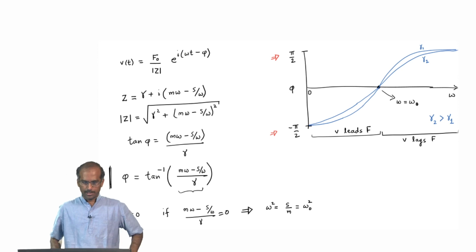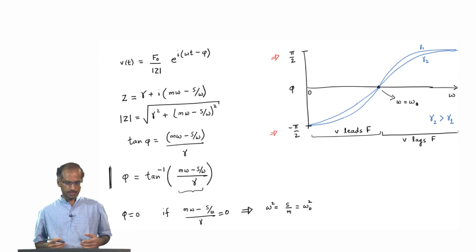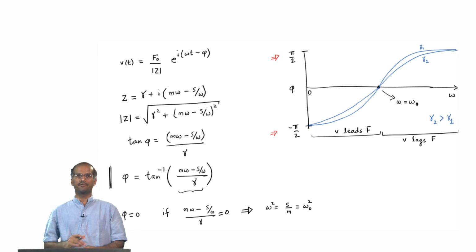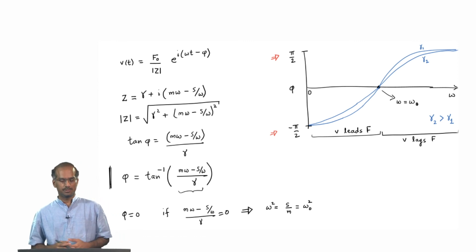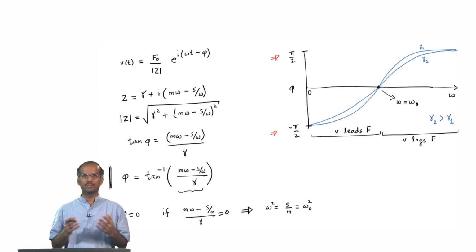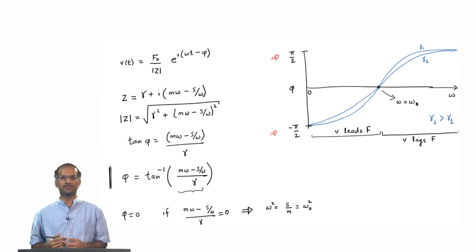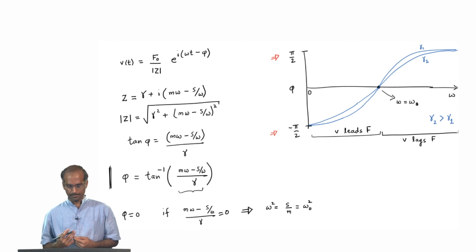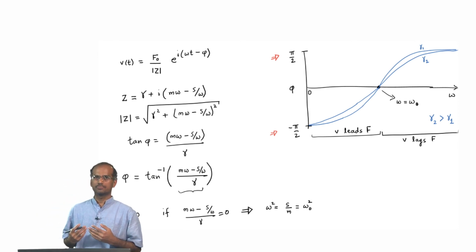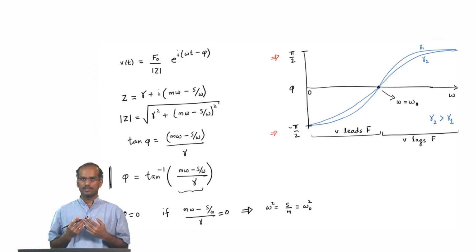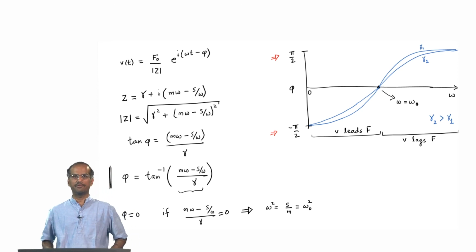To summarize this module, we looked at both the solutions that we obtained for the driven damped oscillator, meaning the displacement as a function of time and velocity as a function of time, and we tried to closely see what happens if I tune the angular frequency with which I am driving the system.